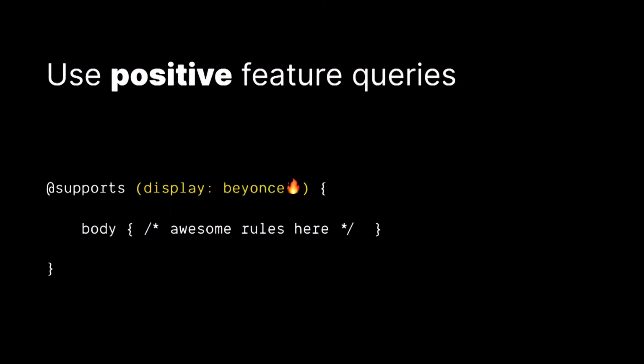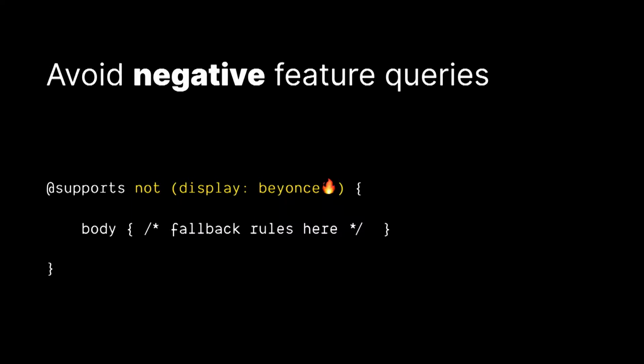But the good thing is that it doesn't actually matter that feature queries aren't 100% supported, because if we use them in a certain way, we can still get the benefit of them. The best way to use feature queries is to focus on positive feature queries, where we're checking to see if the particular feature is supported, as opposed to negative feature queries, where we're checking to see if a feature is not supported.